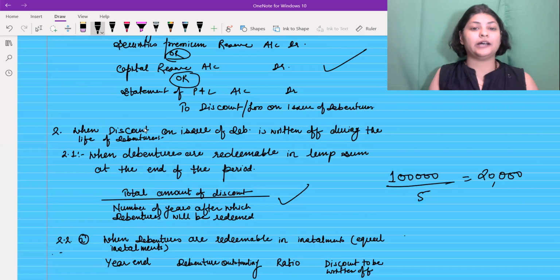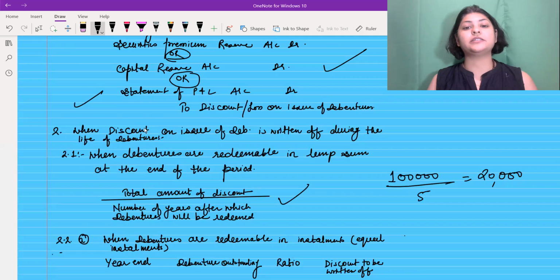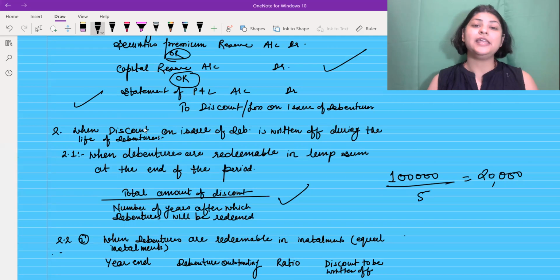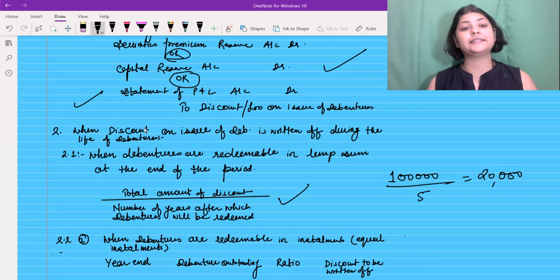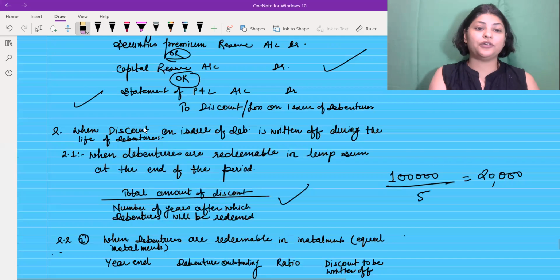Now, every year, at the end of the year, on 31st of March, you're going to pass this entry where you will debit statement of profit and loss and to discount on issue of debenture, and every year you are going to write the amount 20,000, 20,000, 20,000. Now, there is also one possibility that in a question, they will give you security premium reserve balance, for example, I'll write it over here for your understanding.